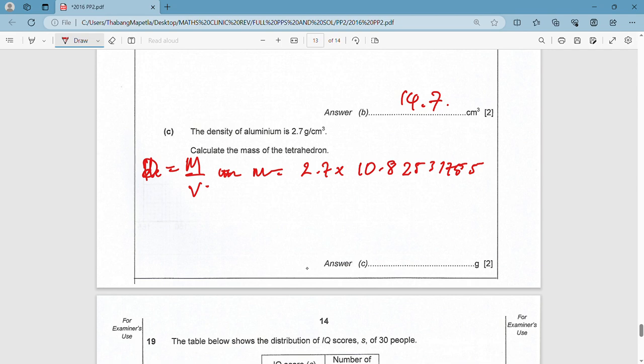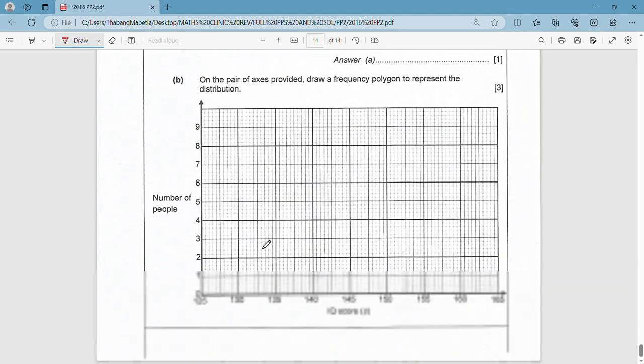So it's 29.4. Next, it's already time up.